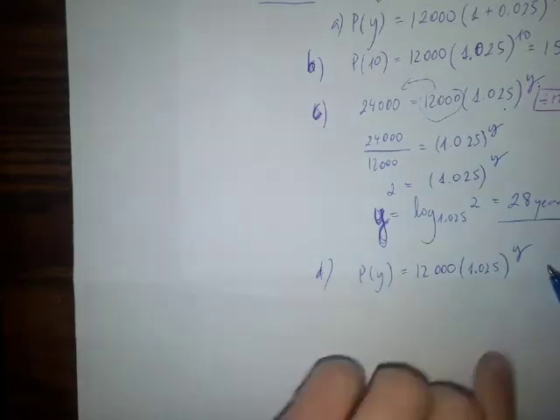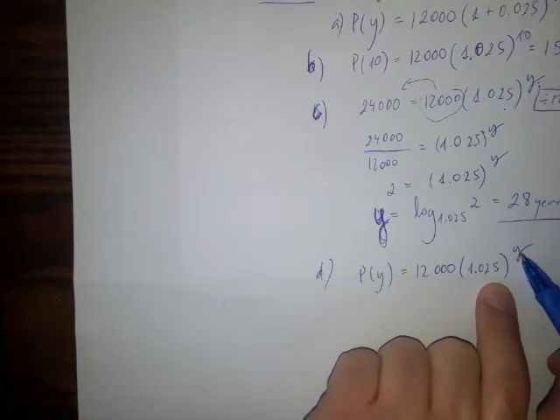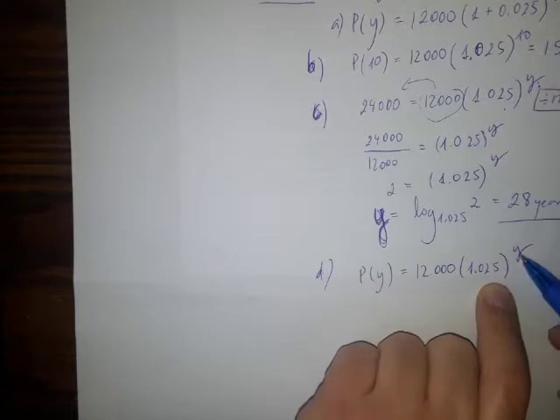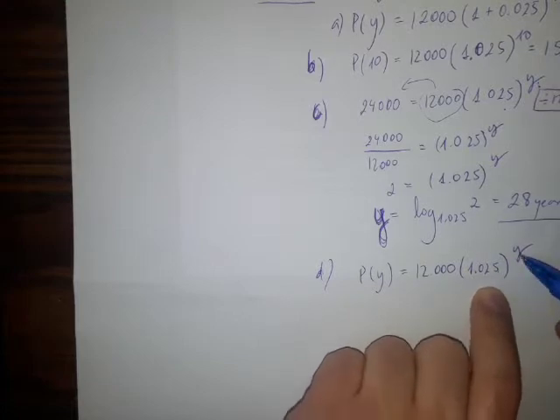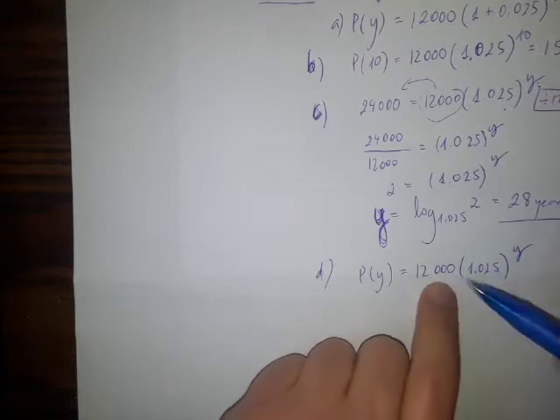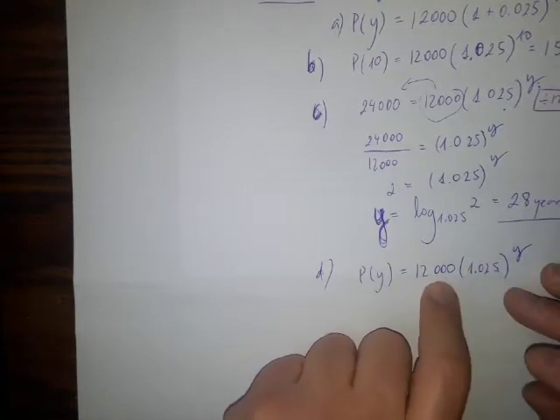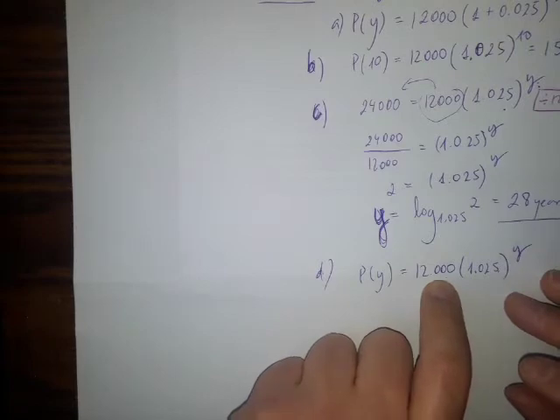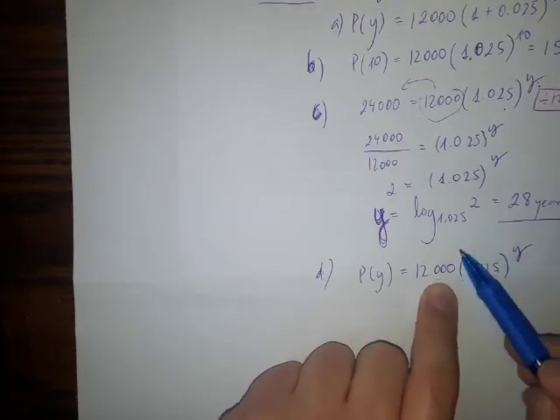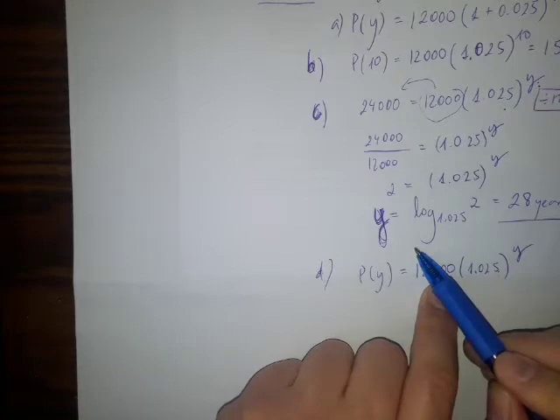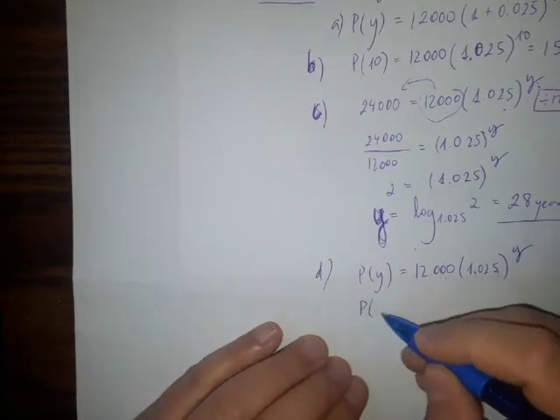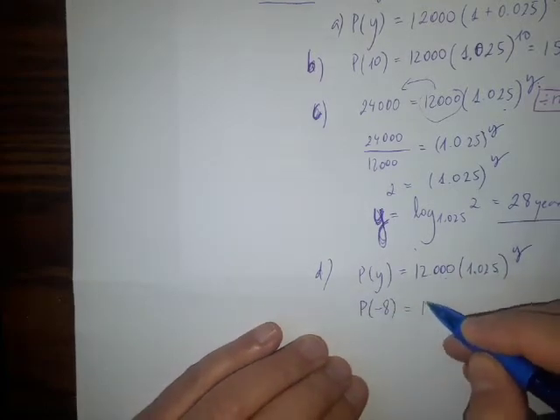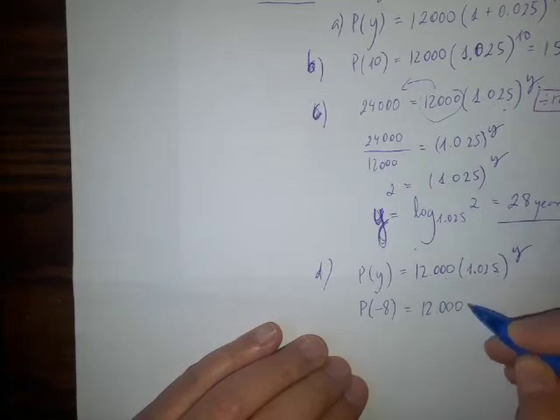If we put 0 here, any base to the 0 is going to be 1. So if we put y as 0, it's going to be 12,000. So that's where we are now. 8 years ago, it's -8, right? So we have to put -8 in here to find out what was the population 8 years ago.